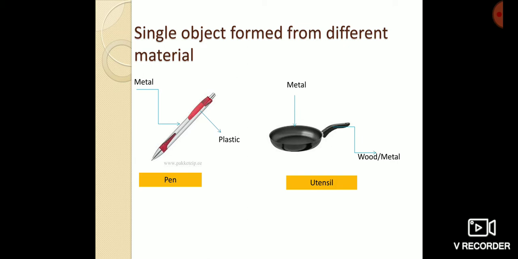For example, a bicycle is made of metal, rubber and plastic. The second example is a utensil made of metal with a handle of wood or plastic. Then take another example, a spectacle which is made of plastic and glass. Then one more example, a pen which is made of metal and plastic.